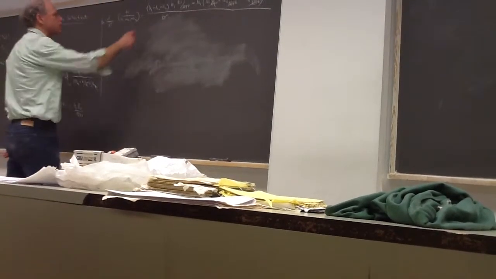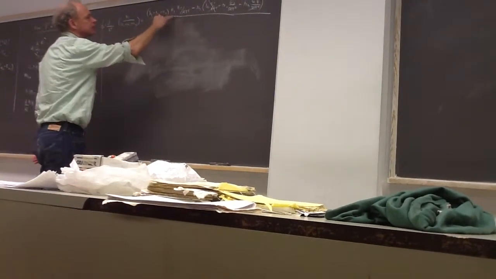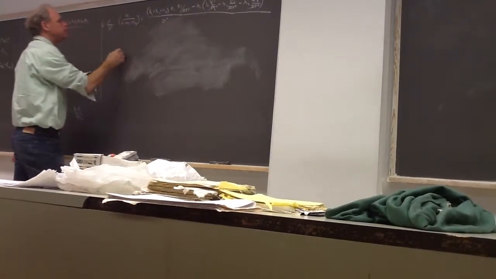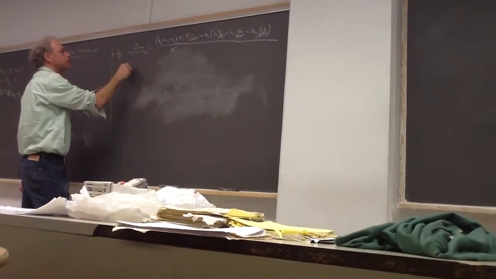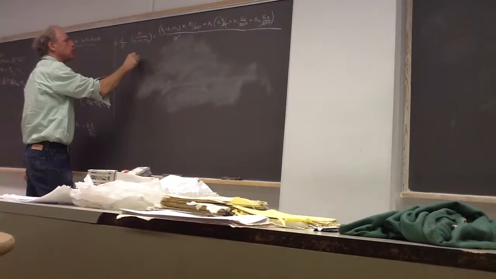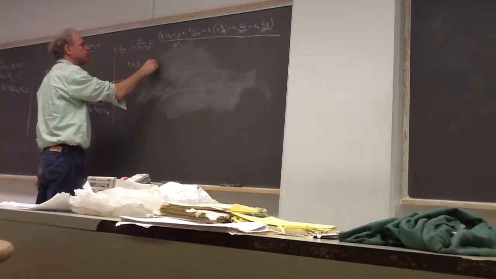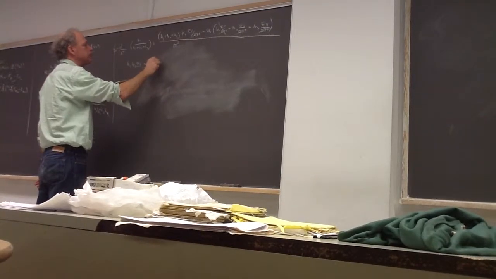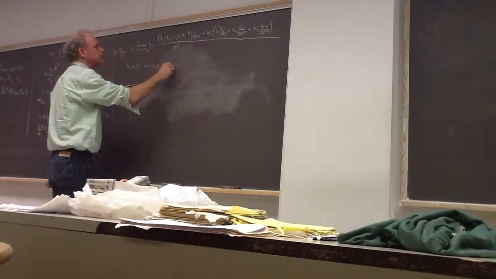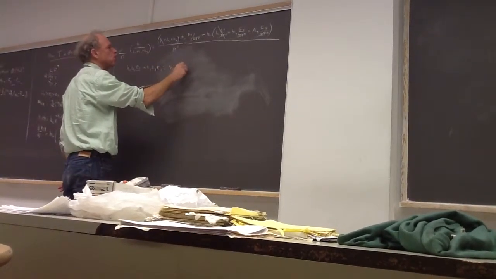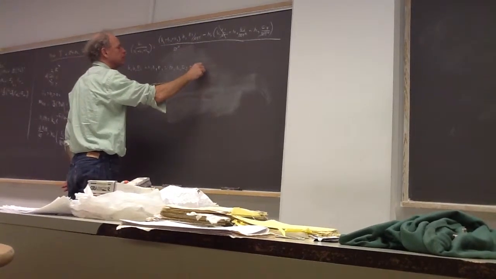Now let's see what I have left. I'm going to take this on the left side of the equation, this on the right. So I've got K1, K2, E1, plus K1, K3, E1 is equal to K1, K2, E2, plus K1, K3, E3.